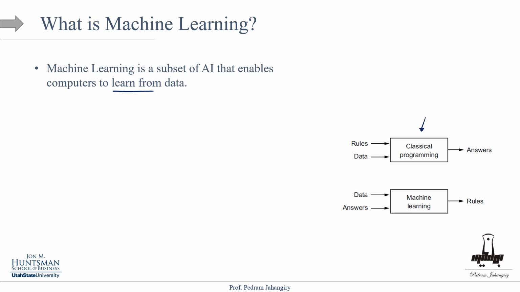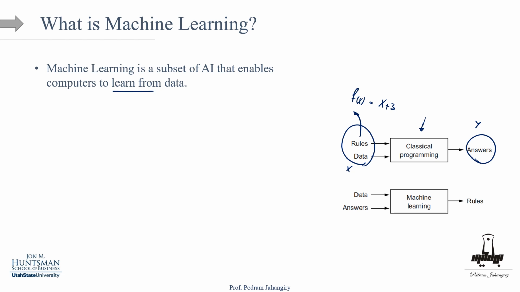In classical programming, the inputs are some data and some rules. So for example, you have been given x and some rules. Let me show it with f of x, right? This f of x can be anything. Let's keep it very simple. It's equal to x plus 3. So I know the x, I know the rule, and then the computer is going to do the math and calculate the output, and I can label this output as y.